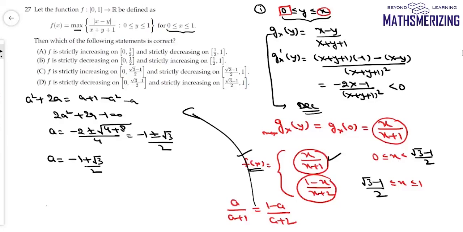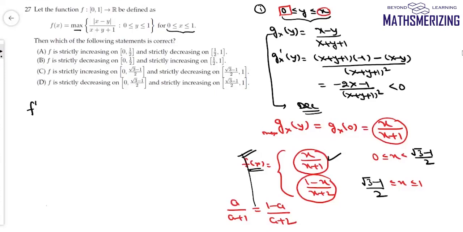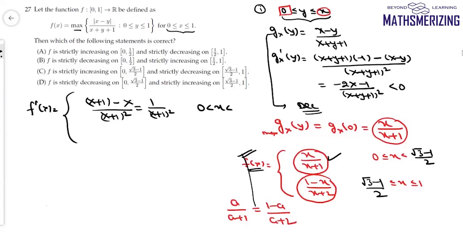So I'll differentiate this function. If I differentiate this function, I can write f dash x as x plus 1 minus x upon x plus 1 whole square, which is 1 upon x plus 1 whole square when x lies between 0 and root 3 minus 1 by 2.